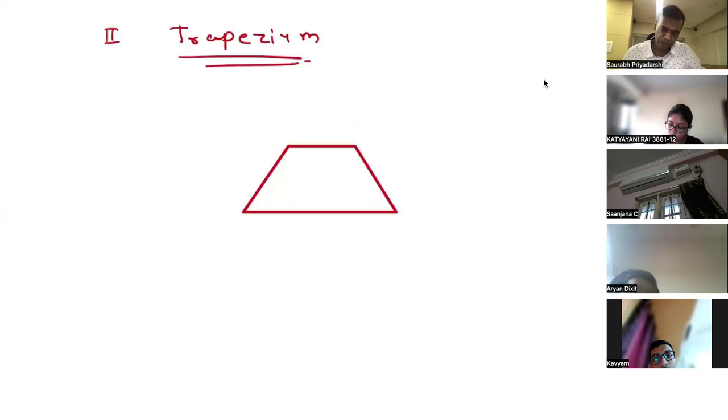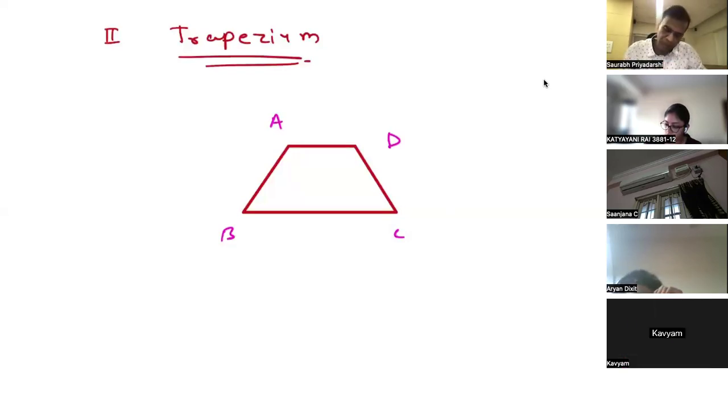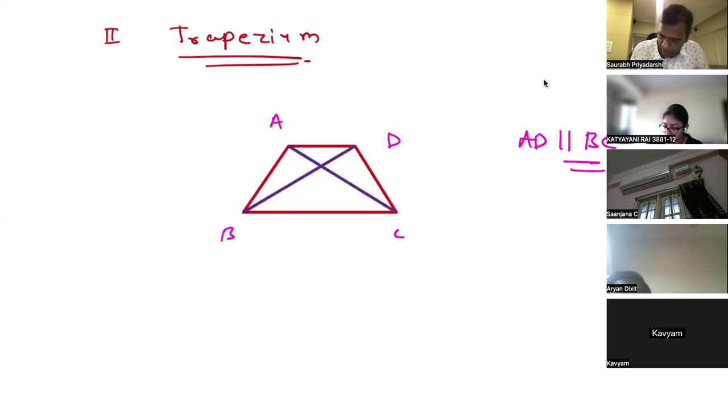This is one of the special cases when we are saying ABCD, this ABCD, AD is parallel to BC. AD is parallel to BC, if I join B to D and I join A to C, the beautiful part is making these figures, you'll always enjoy it.